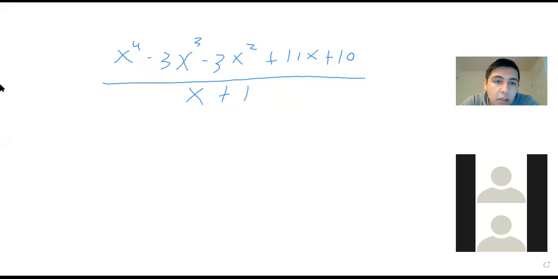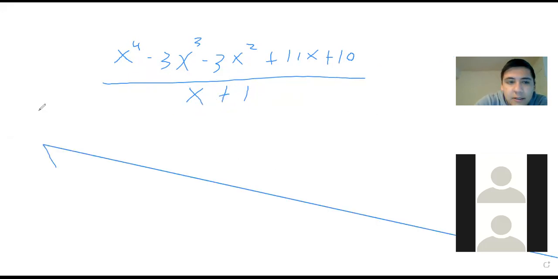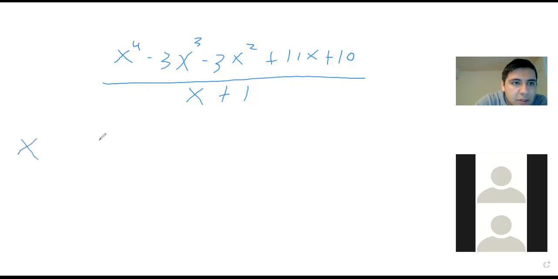Okay. So with synthetic division, first off, we're going to put the divisor in the bottom part. So x plus 1, and we're going to set that equal to 0, okay?